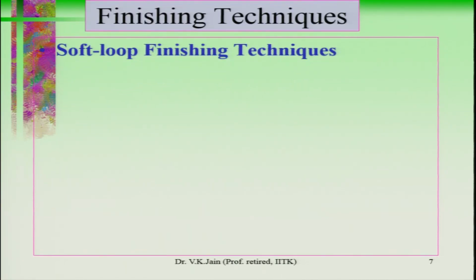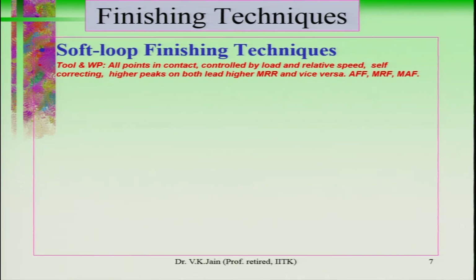Now, finishing techniques are basically in two groups. One is known as soft loop finishing techniques. It is very important. In this particular technique, all points of the tool and workpiece are in contact when you are performing the finishing.